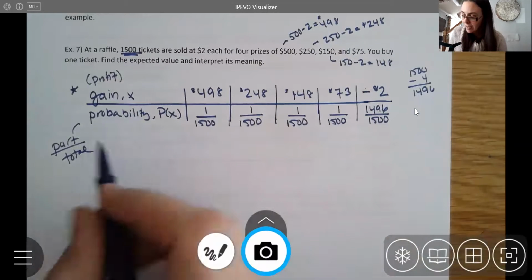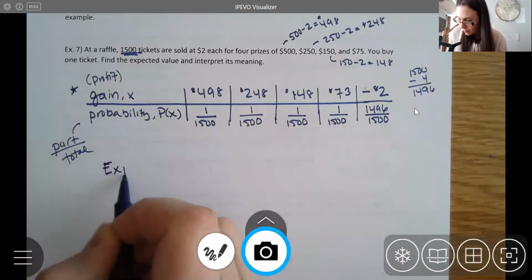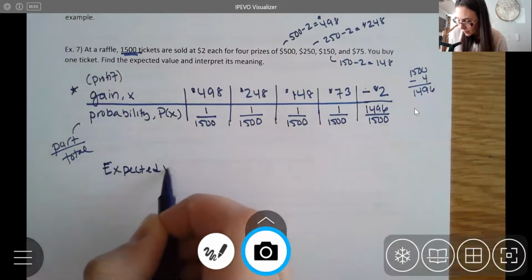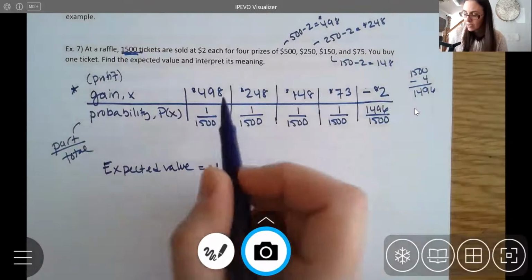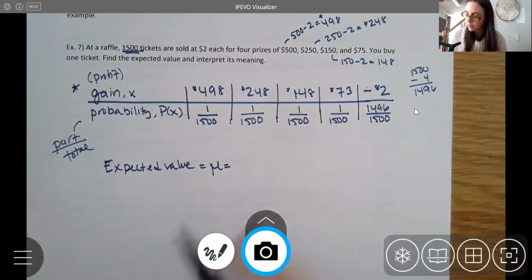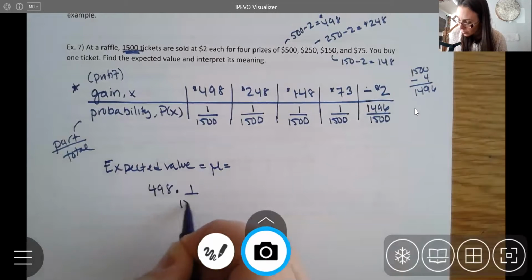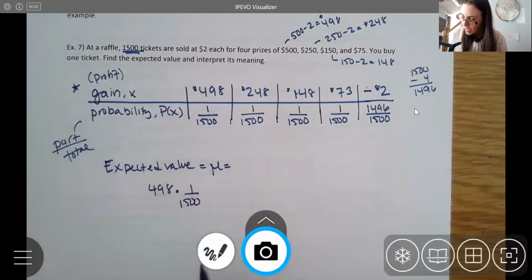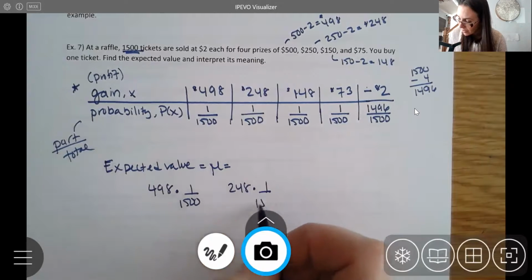So now to find the mean or the expected value, we're going to take each of these and multiply by its probability. If you want to set up a table, you can do that, or you can just do the multiplication out. So I'm going to take that 498 and multiply by 1 over 1,500. I take that 248 and multiply by 1 over 1,500.